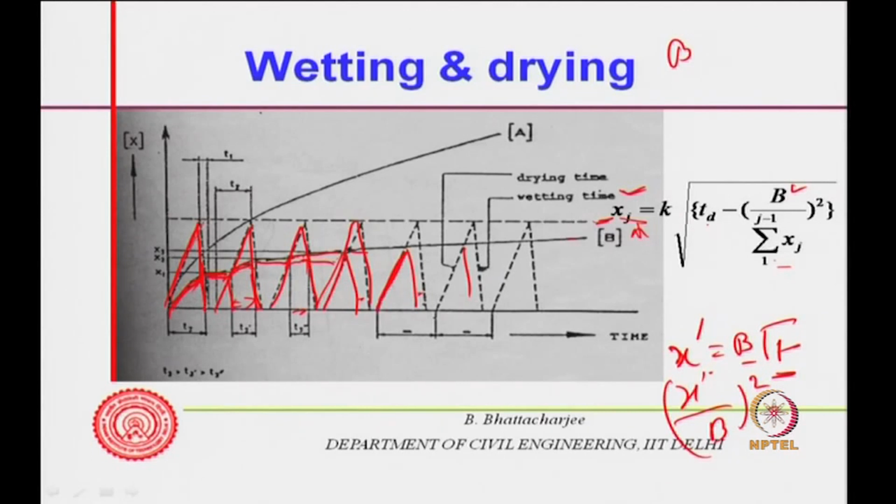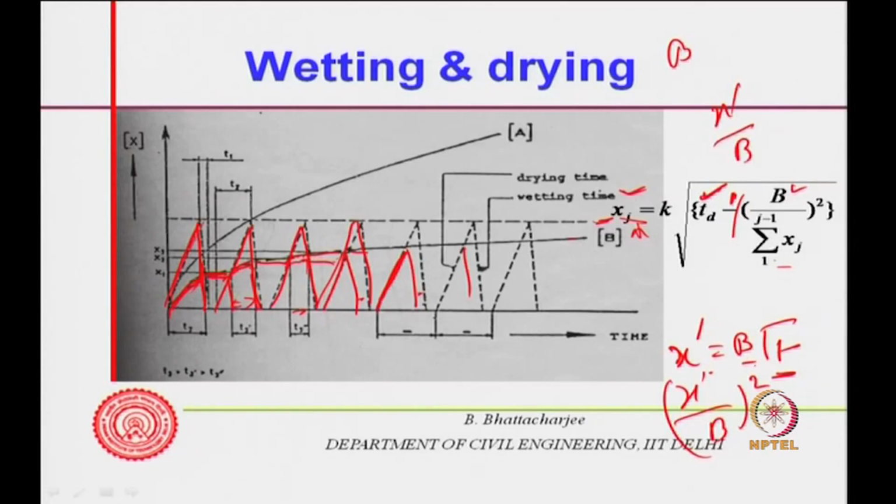So, the total time required up to which drying must take place, this time must be subtracted from the total drying time. Total drying time minus this time, this must be subtracted from the drying time. I think it should be 1 over that, because time would be x divided by B.